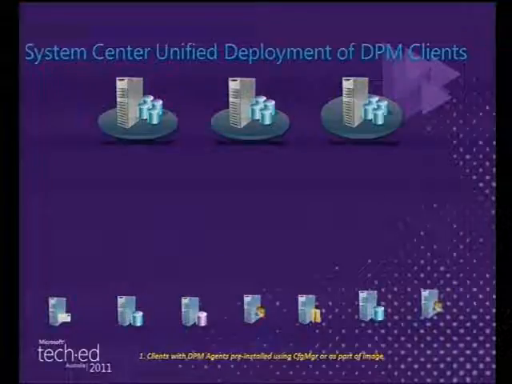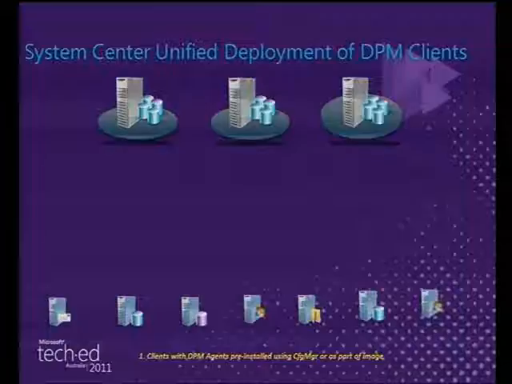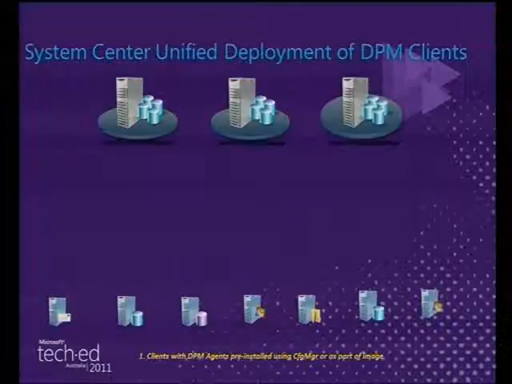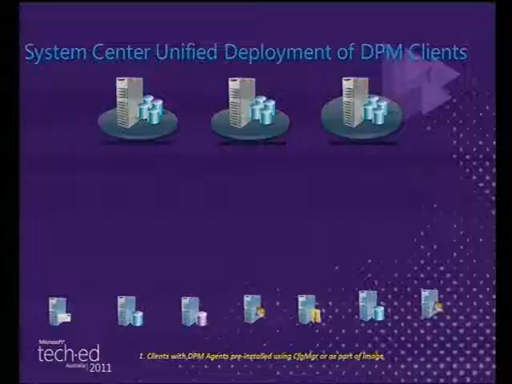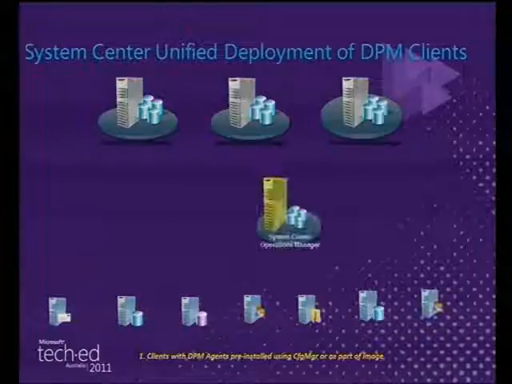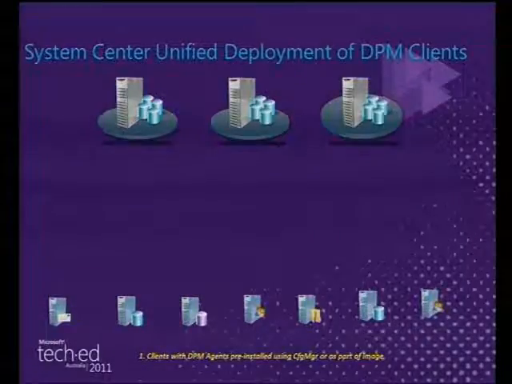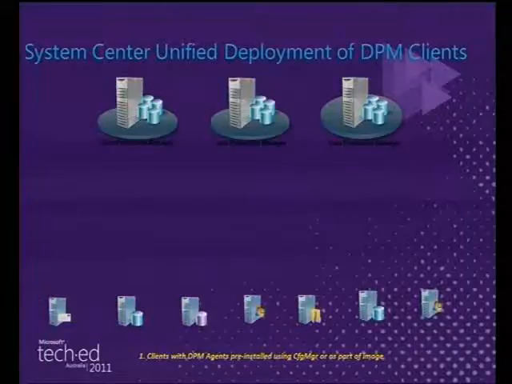As of literally the last 3 months, the product team with DPM has released an automated way of doing this. You just use Config Manager and Ops Manager to automatically deploy agents and attach them to DPM servers. You deploy the agents to your servers.